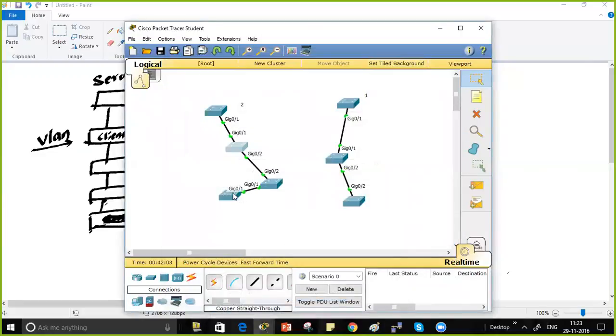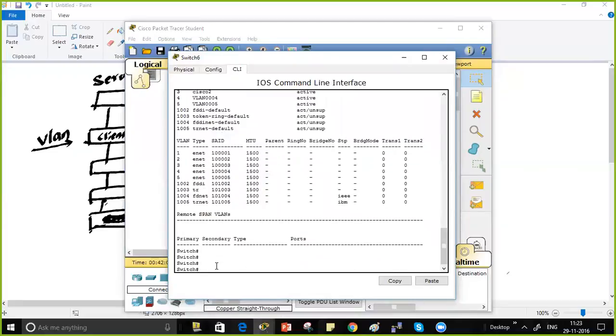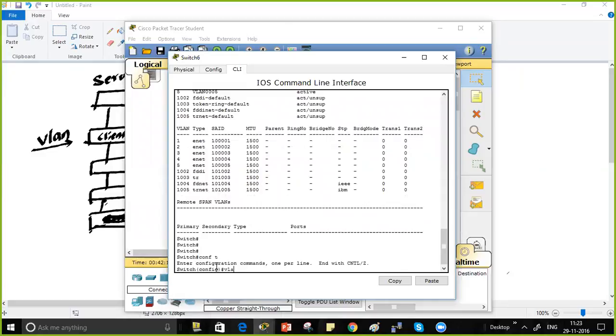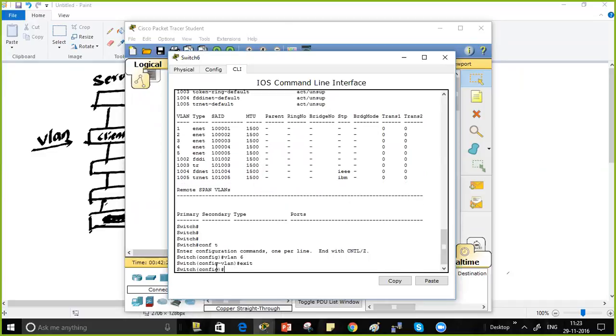Is it possible to configure VLAN here? VLAN 6, yeah, it is possible. Why? Because it is still in server mode. It is still in server mode, but it is not reflected here.